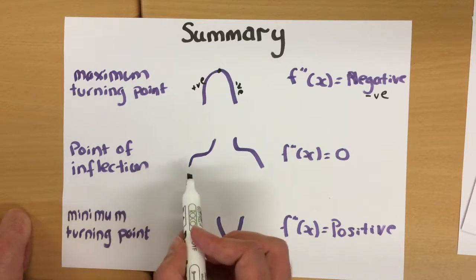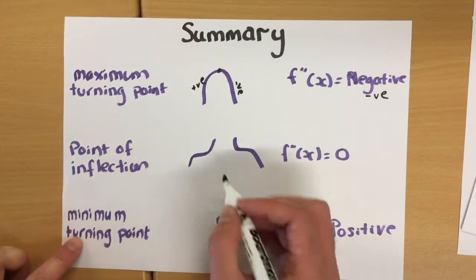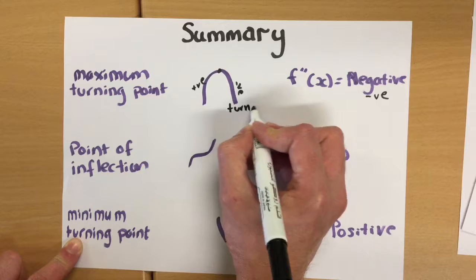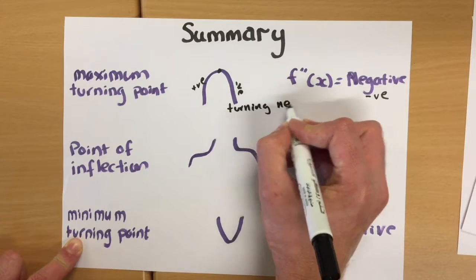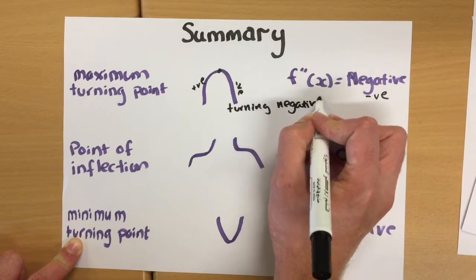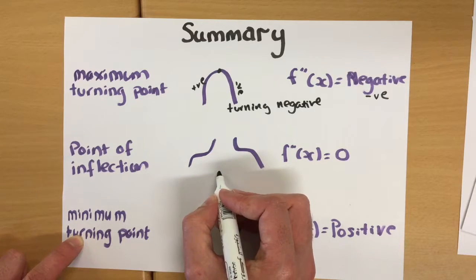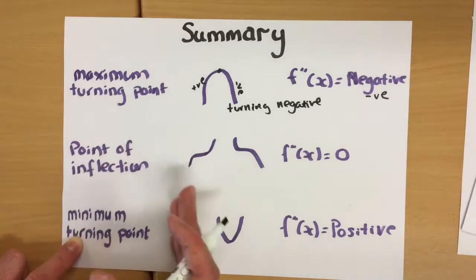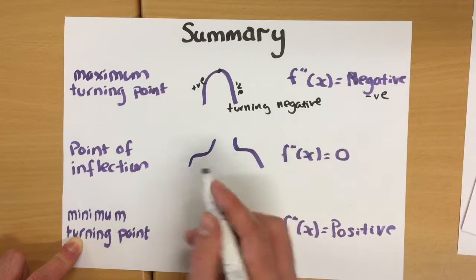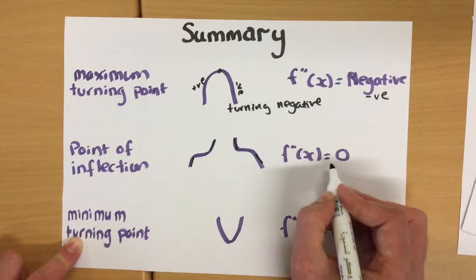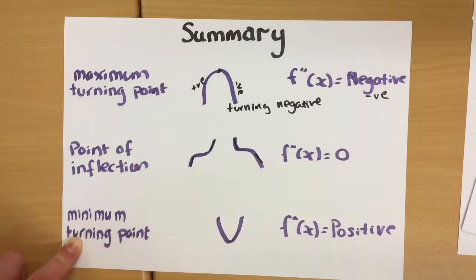For a point of inflection, our gradient is not turning positive or negative, it's just staying the same before and after our turning point. So that's a second derivative value of 0.